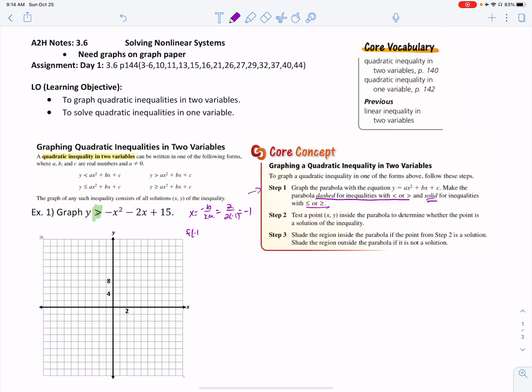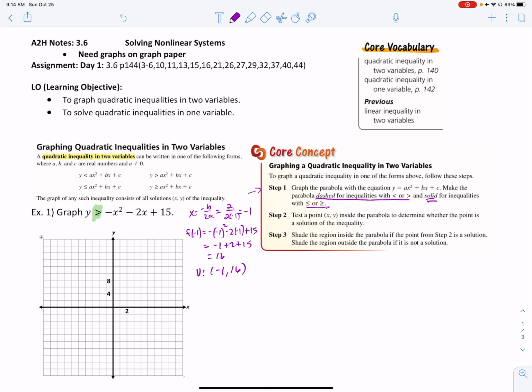So f of negative 1, negative 1 squared minus 2 times negative 1 plus 15. And you get negative 1 plus 2 plus 15. And so that is going to be 16. So the vertex of this is negative 1 comma 16.